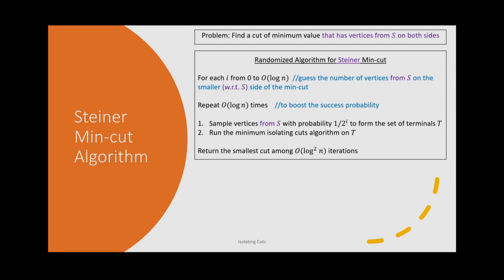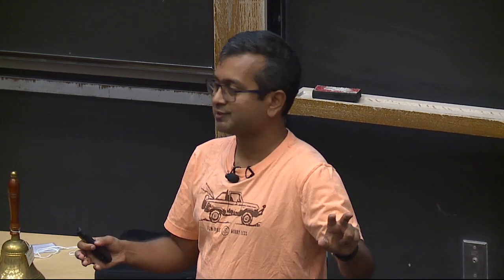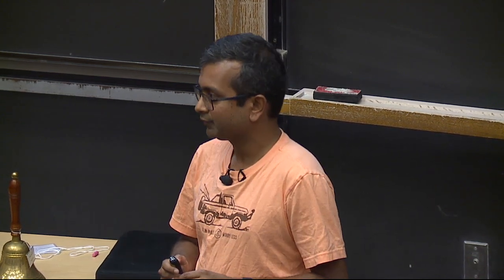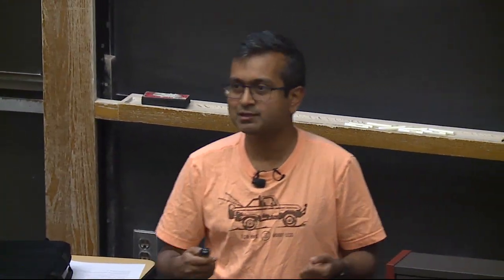Now this should be contrasted with the fact that previous global min-cut algorithms are really specialized for the global min-cut problem. Even if almost all vertices are in S, a few vertices are left out, the algorithms don't work. Okay, so the flexibility of the isolating cuts framework is now showing up.